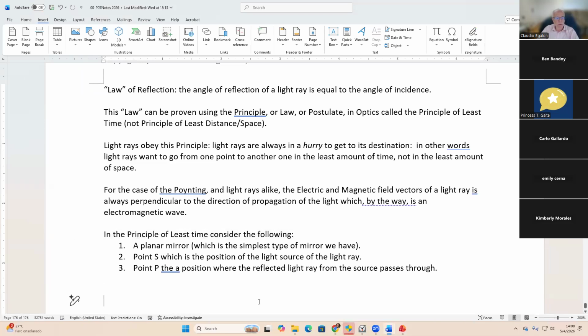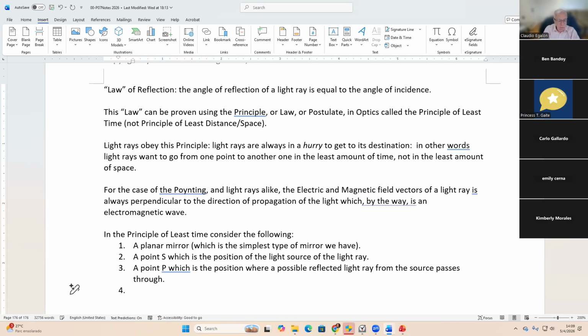In the principle of least time, consider the following: a planar mirror, point S, which is the position of the light source of the light ray, and a point P, which is the position where a possible reflected light ray from the source passes through.